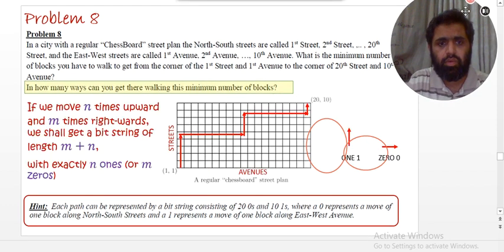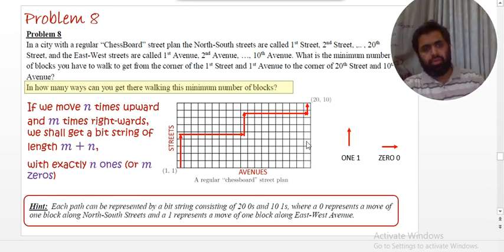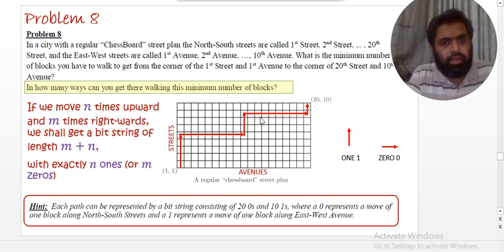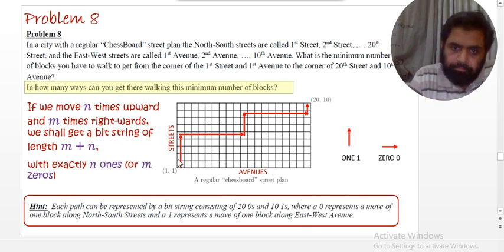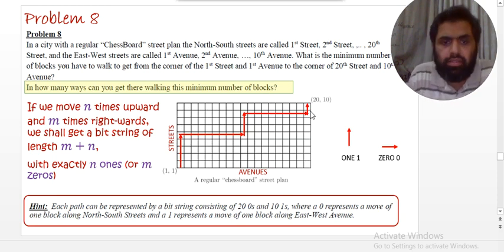Whenever I go up, I get a 1. Whenever I go to the right, I get a 0. So how many times do I go up? There are 10 avenues, so 10 times I go up. And how many steps do I have to go towards the right? 20. So there are 20 zeros.